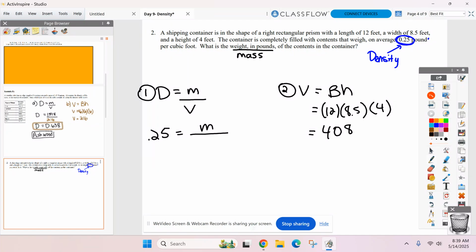408. Substitute it in now to the formula for density. If you don't know what to do from here, put the density over 1, and now you know to cross multiply.